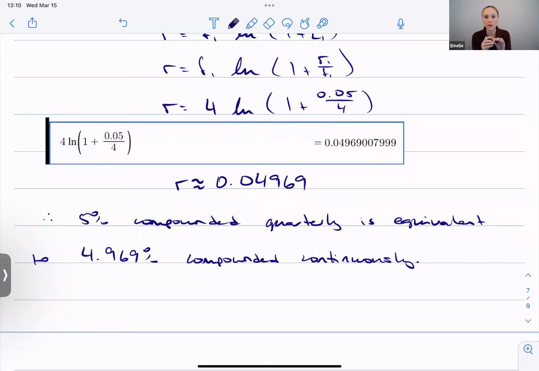I want you to get really good at doing this conversion before we start section 6.2. Didn't realize it would be so quick. But you guys need a rest. You did a test this week.